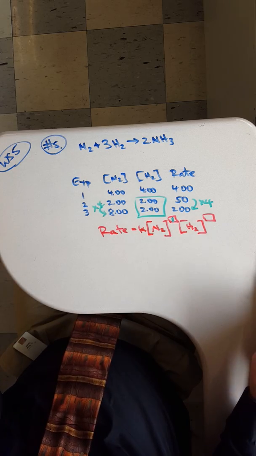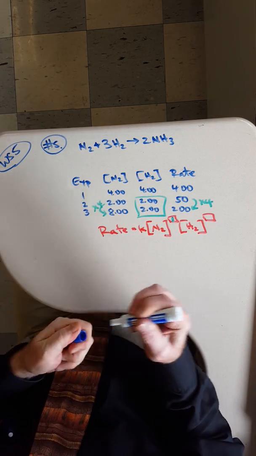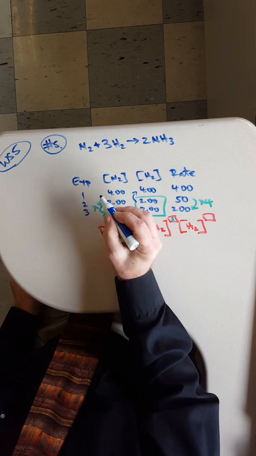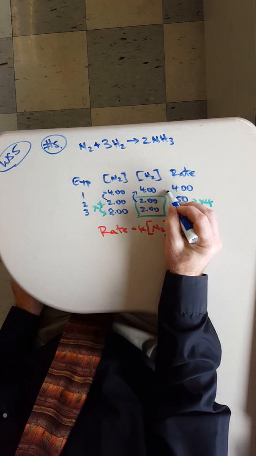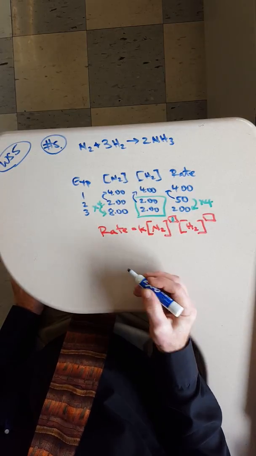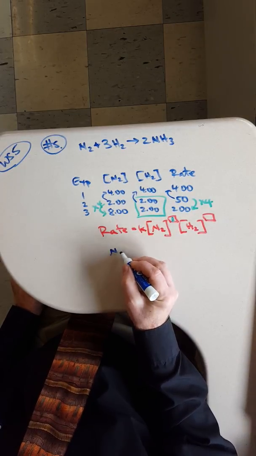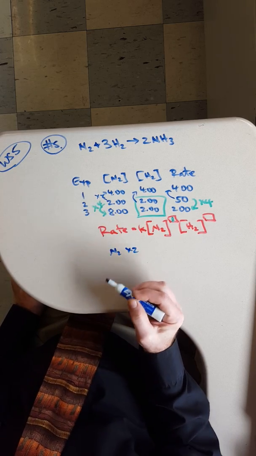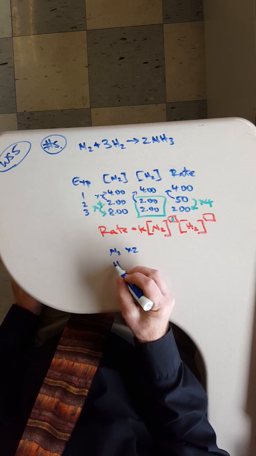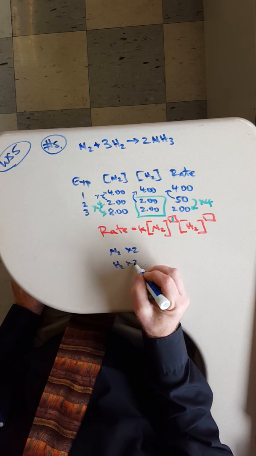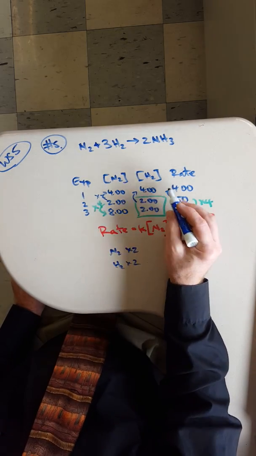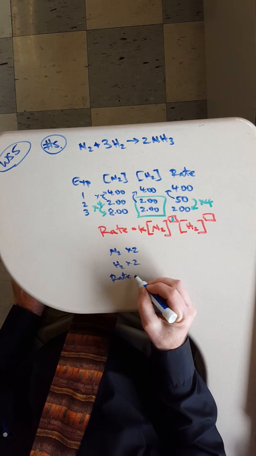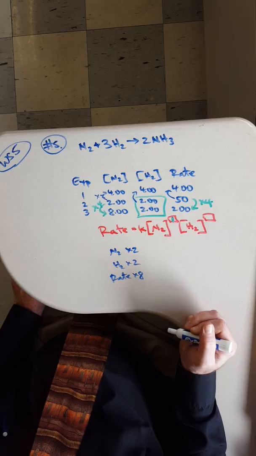So if I look at moving from experiment 2 to 1, there are 3 things I can say with certainty. I know that nitrogen went times 2. I know that hydrogen went times 2. And I know that my rate, 400 over 50, went times 8.